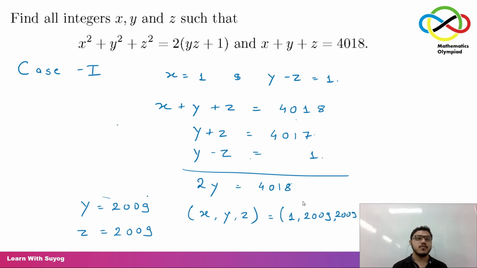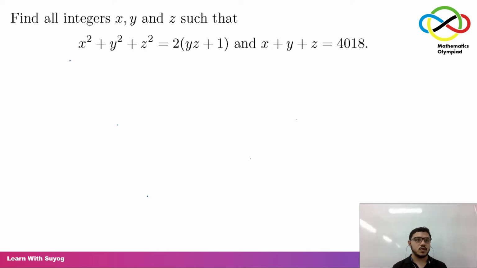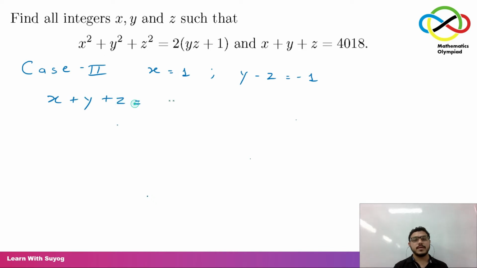In the second case, we consider x equal to 1 and y minus z equal to minus 1. When we solve, x plus y plus z is equal to 4018, so y plus z is equal to 4017, and y minus z is equal to minus 1.